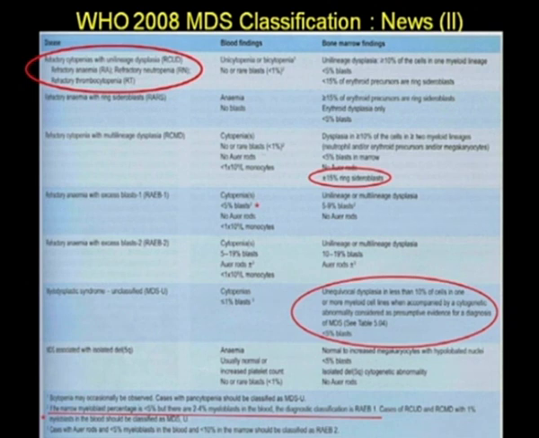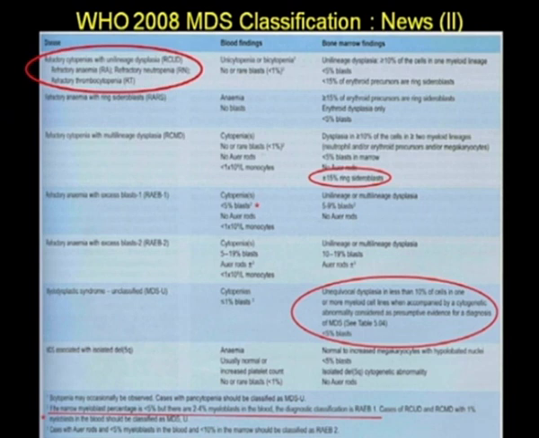The second news is that in the context of refractory cytopenia with multilineage dysplasia, the presence of more than 50% ring sideroblasts does not identify different subtypes. So you should just report it.